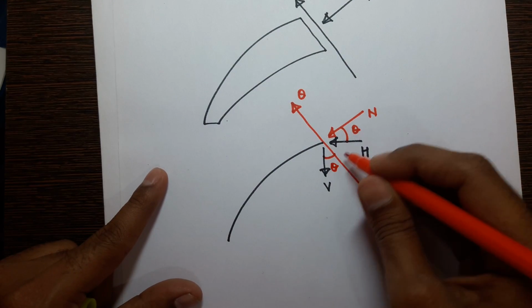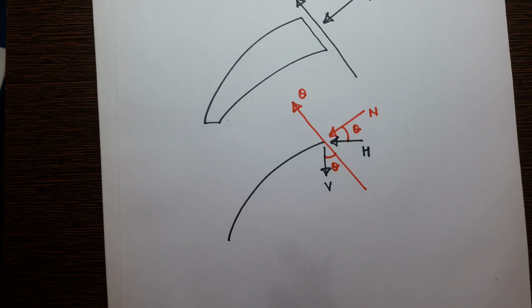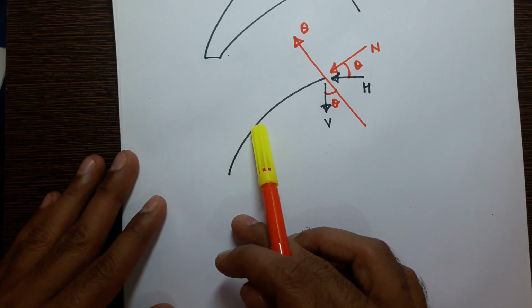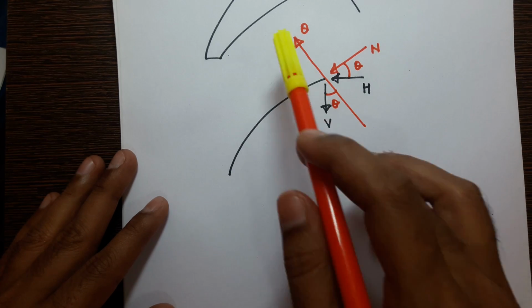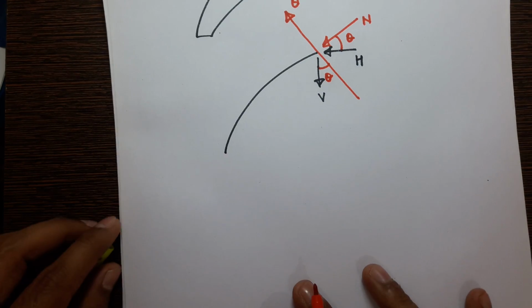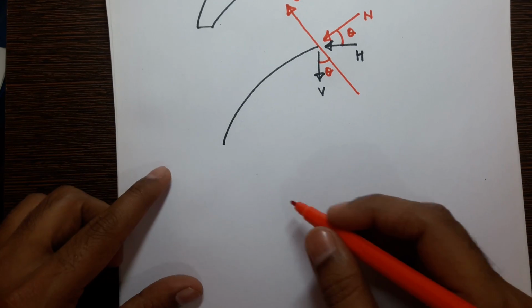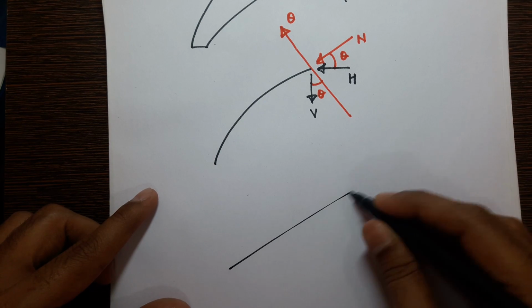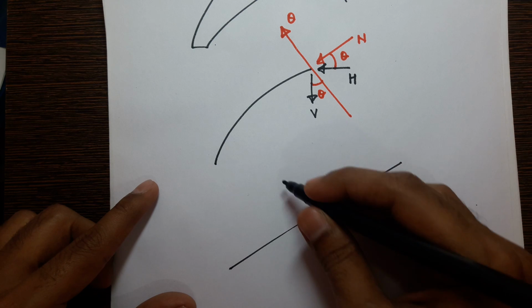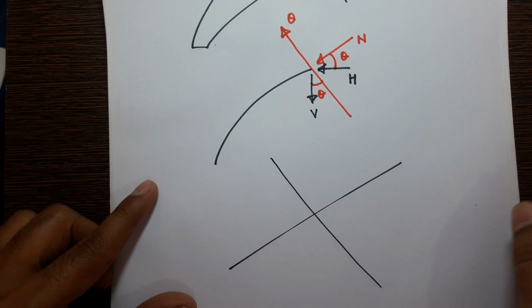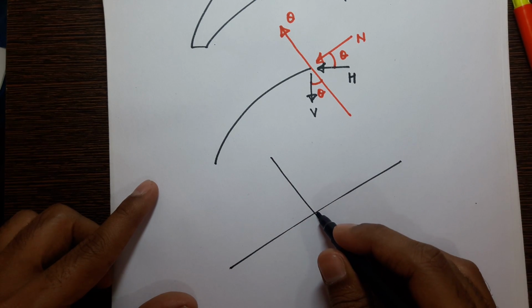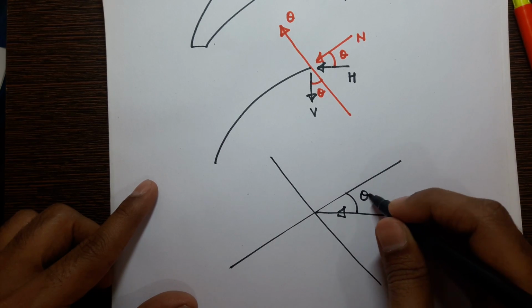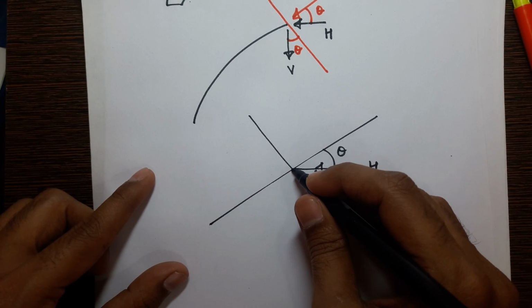This theta and this theta are equal. First we will derive the formula for normal thrust, and then the formula for radial shear. So this is the horizontal reaction, theta, and the vertical shear is like this.